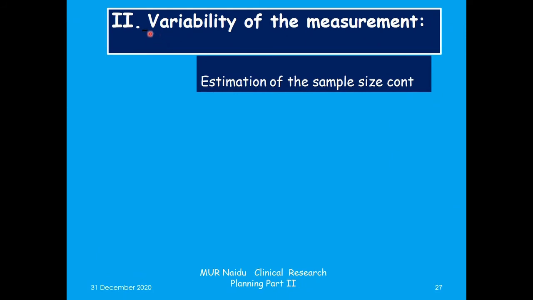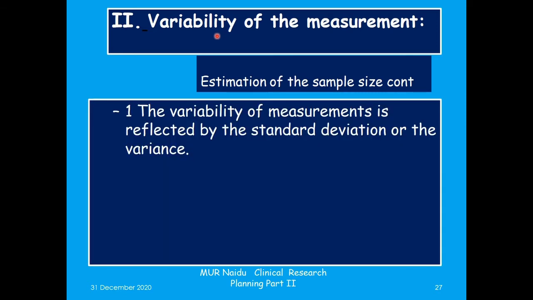The second important factor for sample size calculation is variability of the measurement which you are going to consider for your clinical trial. The variability of the measurement is reflected in the form of standard deviation or the variance.